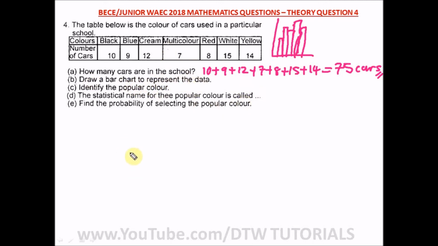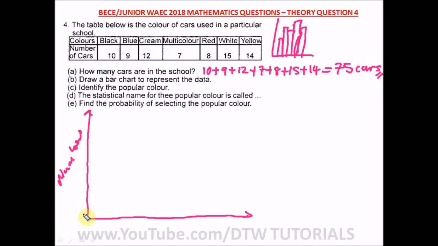So let's draw the bar chart to represent this data. I don't have a ruler, but for you, you're going to use a ruler and a pencil. So we'll draw here. Here will be your number of cars.